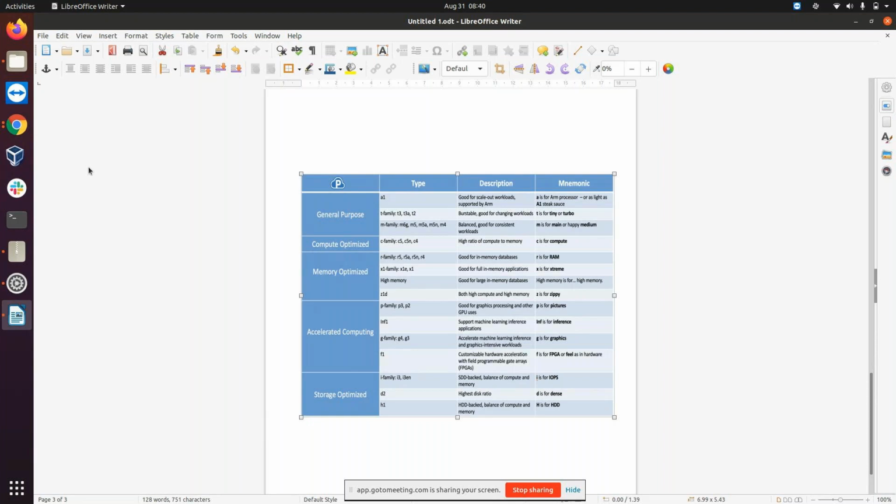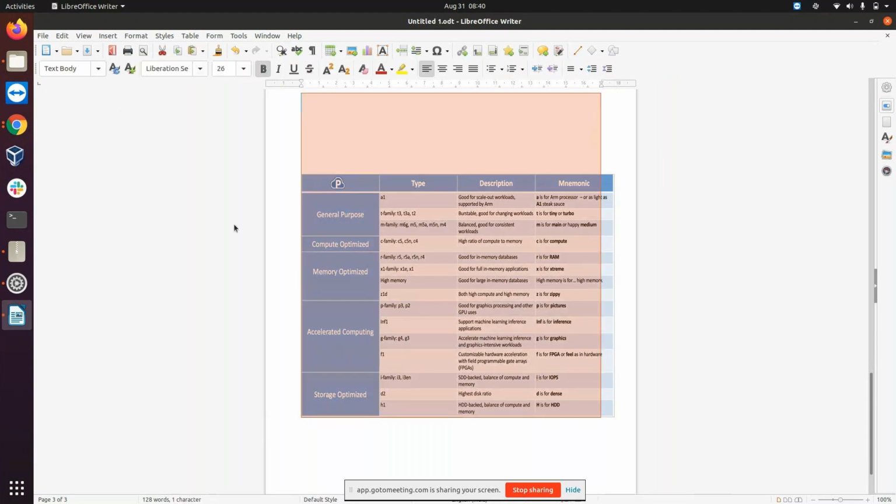Let's talk about, as I told you, general purpose, compute optimized, memory optimized, accelerated computing, and storage optimized. Whenever you create an operating system, there is a family. Usually in general purpose you get a T2 micro, the T family.